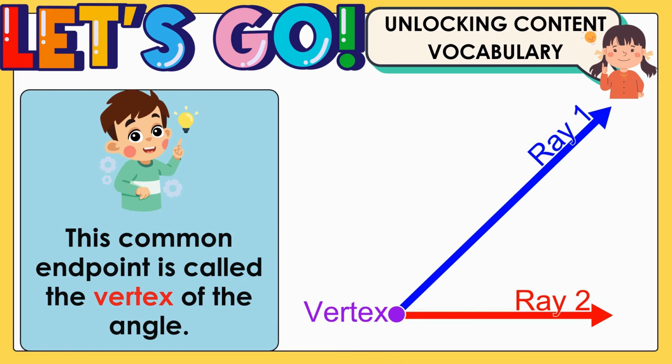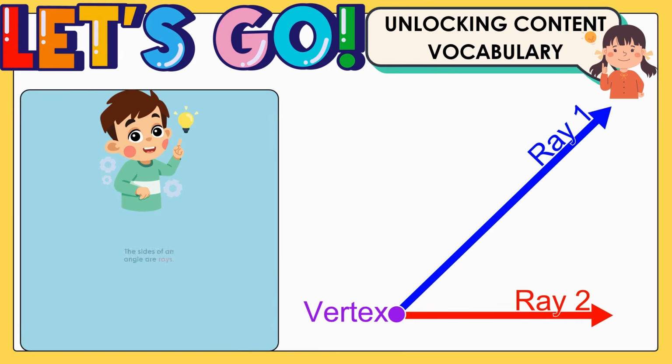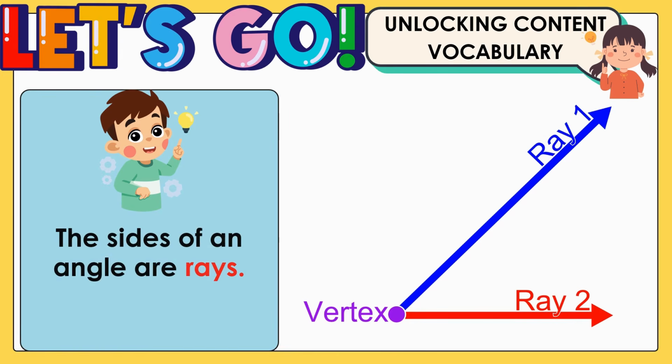The next word we have is vertex. This common endpoint is called the vertex, the vertex of the angle. The third word is rays.